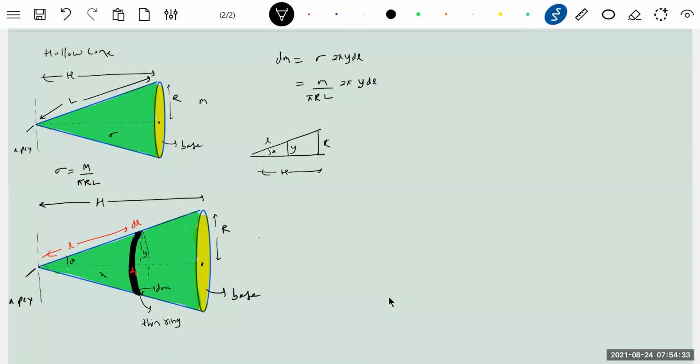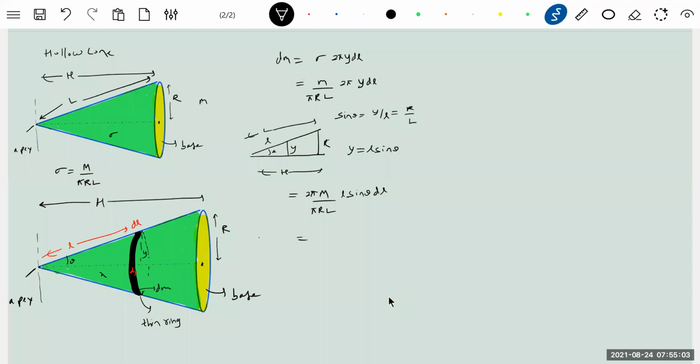This x will define this one. So what is sine theta? y by L, and also we can write it as R by capital L. So y is equal to L sine theta. So this will be M by pi RL, times 2 pi, y is L sine theta, into dl.